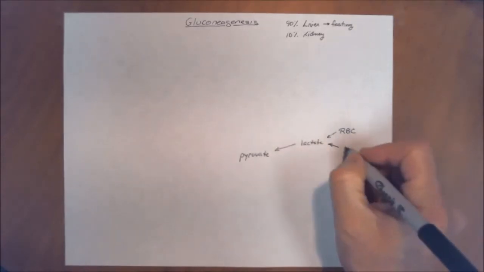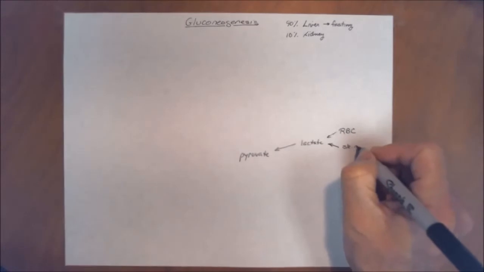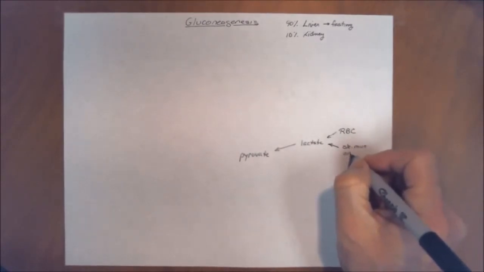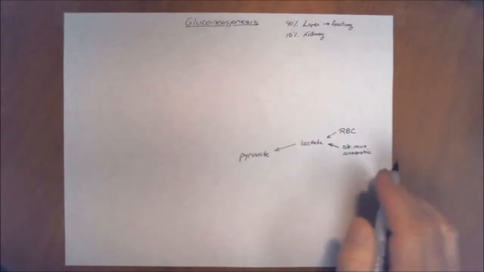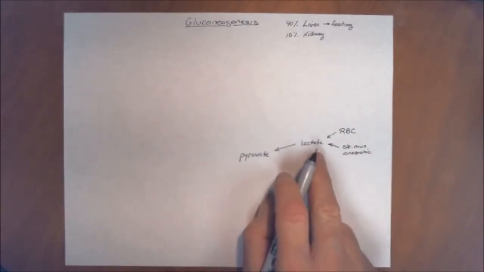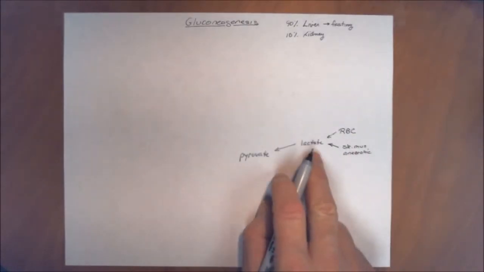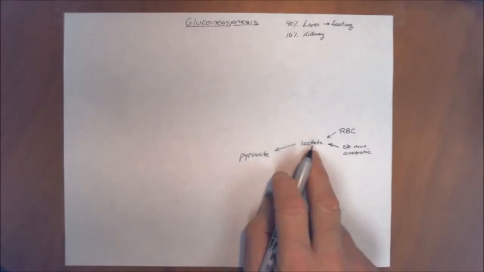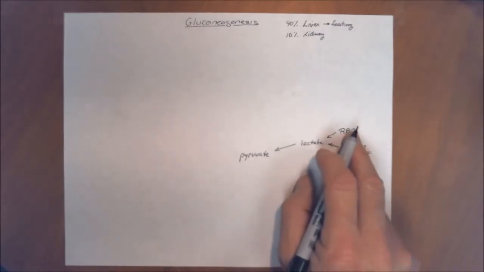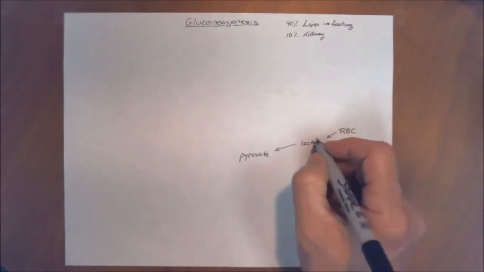The other major source of lactate is skeletal muscle under anaerobic conditions. Anaerobic conditions means that we have to regenerate those NAD molecules for glycolysis to continue, and since we don't have oxygen present to continue the electron transport chain, we'll generate lactate. The lactate from red blood cells and skeletal muscle is then placed into the blood.